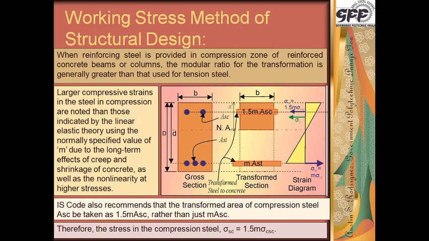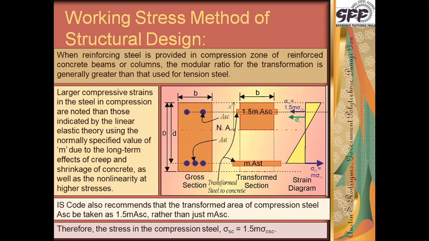In the second sketch, we find the bottom portion below the neutral axis where concrete is missing. The explanation is the same as the previous one. The concrete below the neutral axis is in tension and hence does not take part in resisting the load. So the steel in tension AST is transformed as m into AST, same as the previous one.